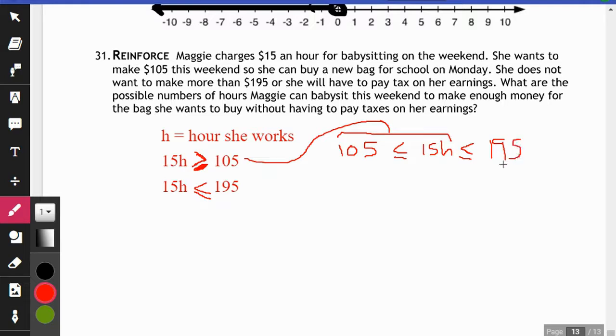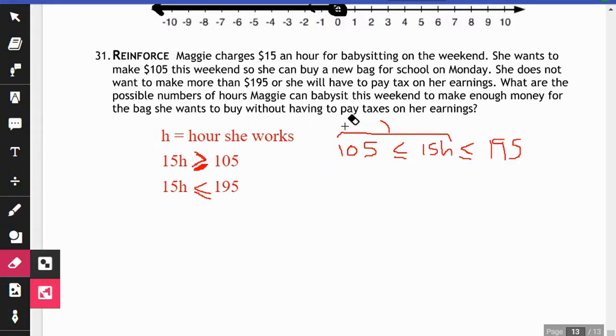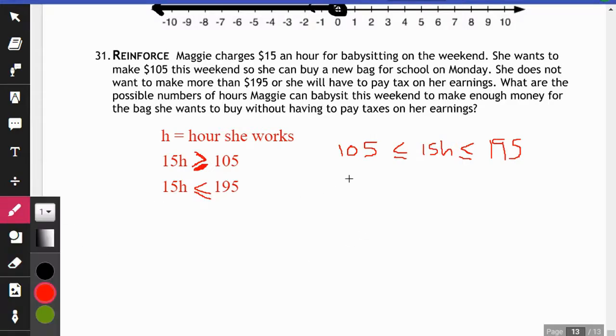So in other words, we want to work a number of hours so that I make between $105 and $195. How do I solve this? Well, I just divide by 15, don't I? I divide both sides by 15, or all three things by 15. Then I'll get an answer.